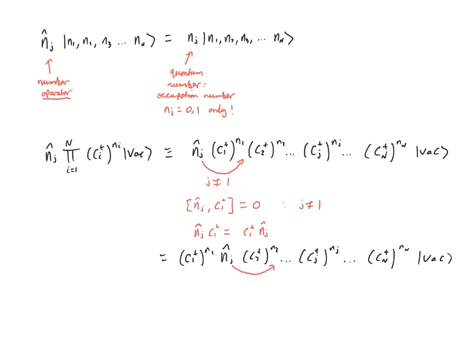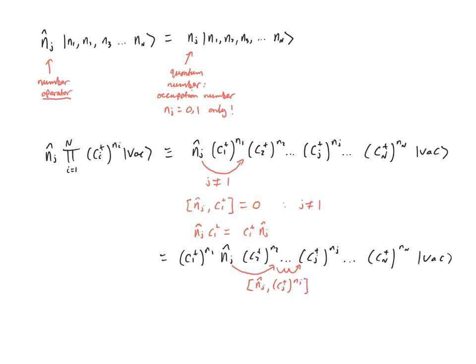I can move this operator, using this commutation relation, through this string of creation operators all the way, however many times it requires, until I finally get to Cj dagger, and there is a bit of a difference. And it's different because now we're acting with a number operator on the same orbital as we have a creation operator for. So to be able to swap the order here, I need to consider a commutator that looks a bit like this: nj with Cj dagger, but there's a bit of a difference because this is Cj dagger to the power of nj.